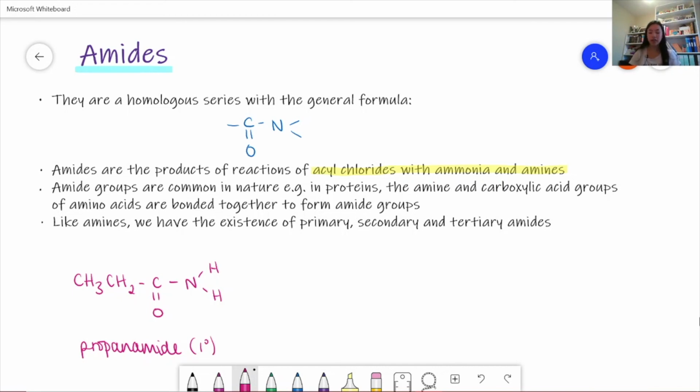This time we have H3C, so CH3, a methyl group, and then this C double bond O, and then NH, but instead of having another H on the nitrogen, we have an R group, so we have a methyl. And so this is N-methyl ethanamide.